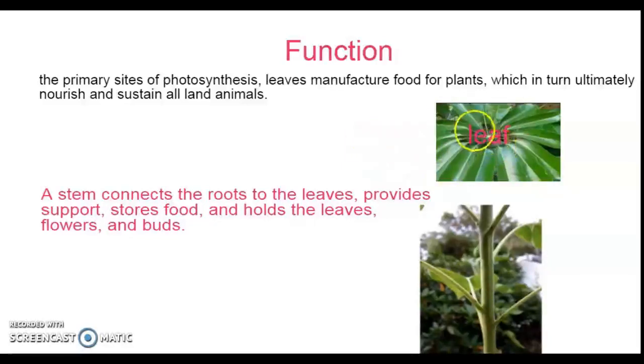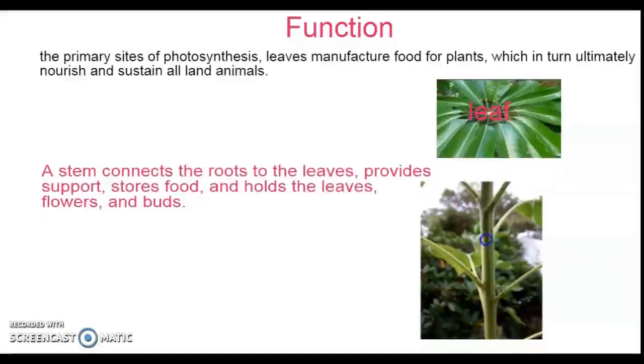Because if the leaf does not produce food, if the plant does not grow, the animal will be unable to have food. And if the animals are unable to have food, life on the planet would be hard. So, the leaf is known as the kitchen, and is the main part of sustaining life on our planet.